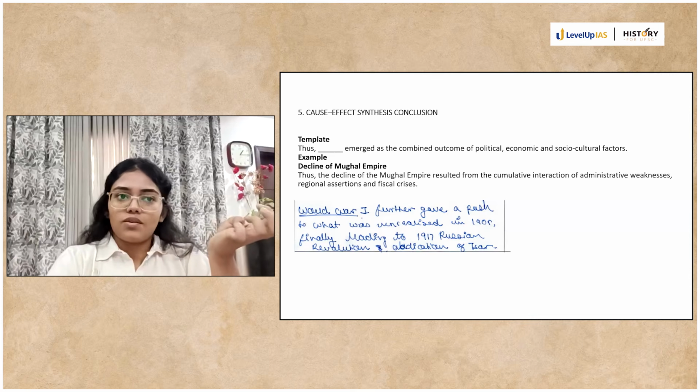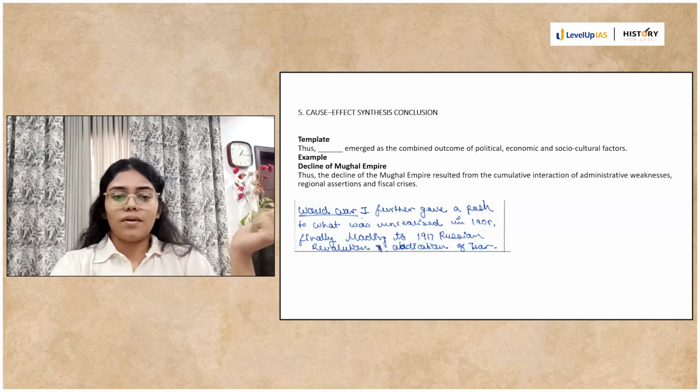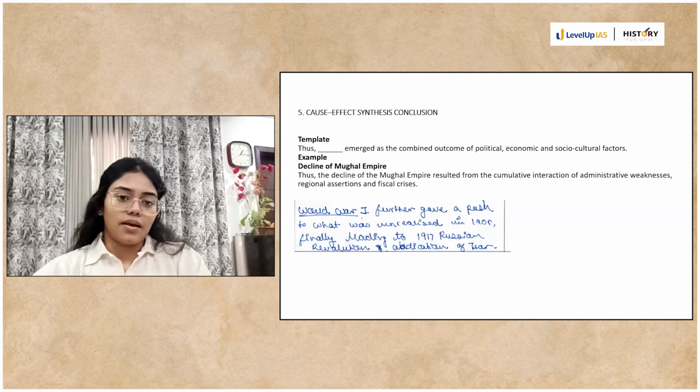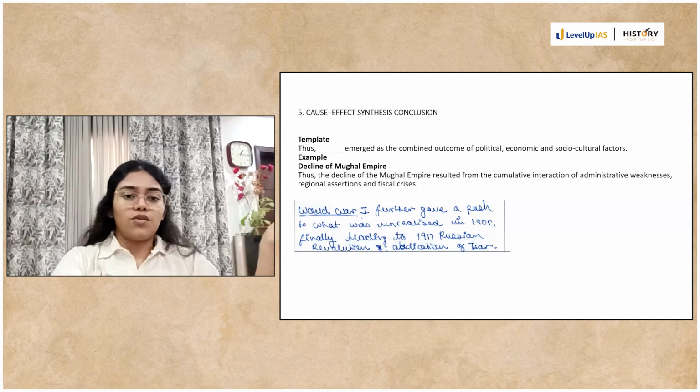That's a very simple template that you can use anywhere, and it also shows the examiner that you know about the later era and its happenings. So it sets a very good tone.